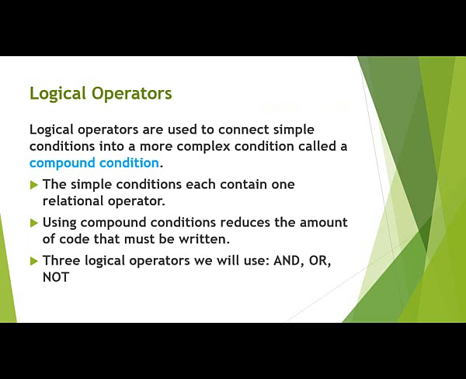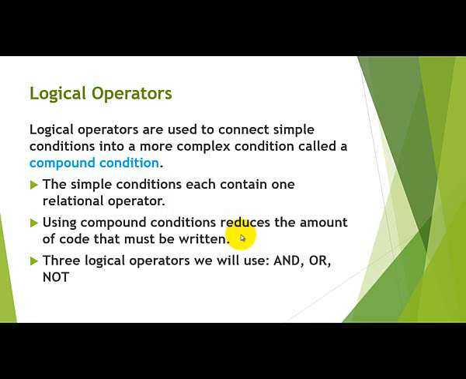The next thing that we're going to go over are logical operators, because there are times when a simple condition is not going to be enough for you. You're going to have to use a more complex condition, and these are called compound conditions. The simple conditions contain one relational operator. A compound condition reduces the amount of code that must be written.